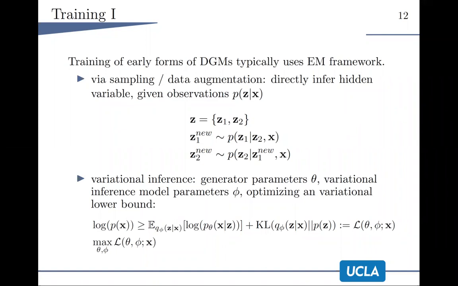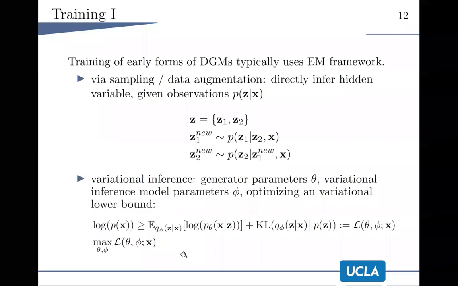The second way is by variational inference. We have the generator parameter theta and the variational inference model parameter phi, and we optimize a variational lower bound, which means the loss is the lower bound, and we try to maximize it.